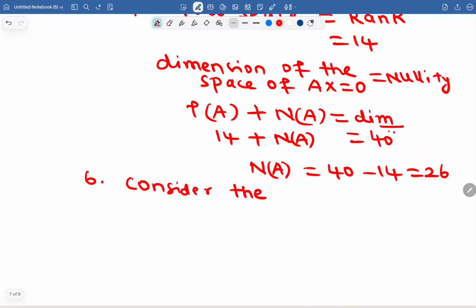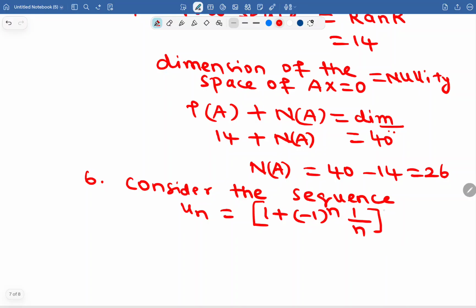Consider the sequence u_n equal to 1 plus minus 1 power n, 1 by n, power n.